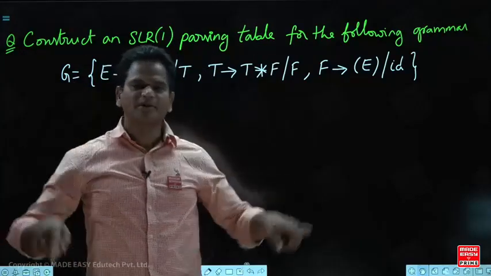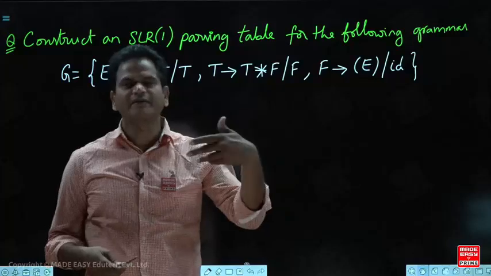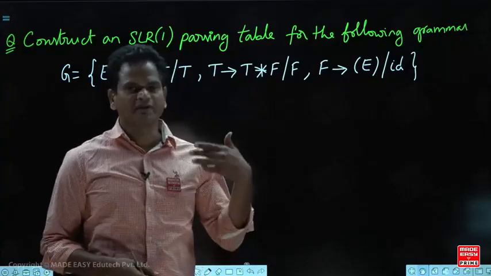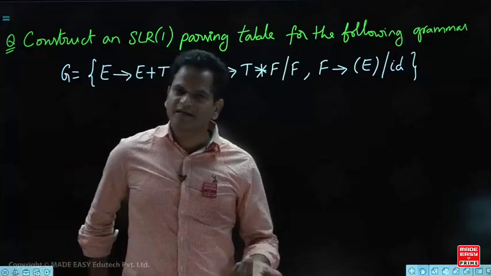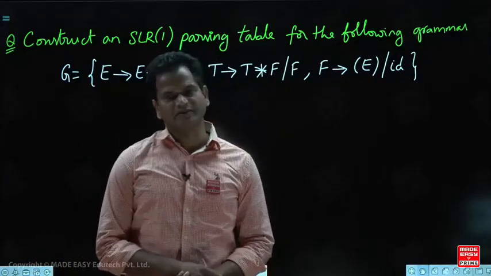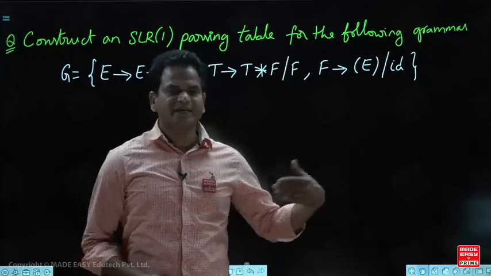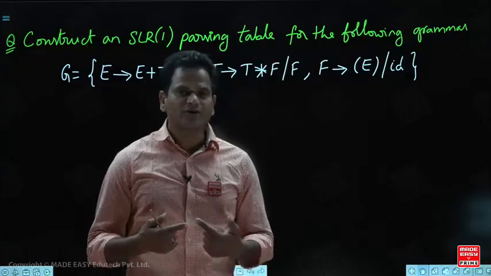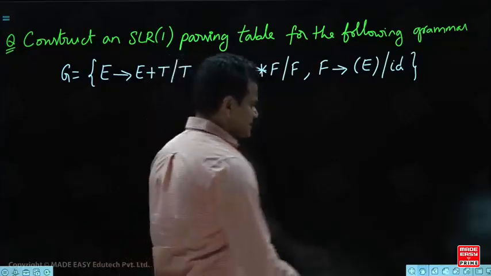We consider the table. If in the table, wherever you made the entries, all those entries are single, then the grammar is said to be SLR(1). But directly we cannot construct the parsing table. First we must construct the canonical set of items.